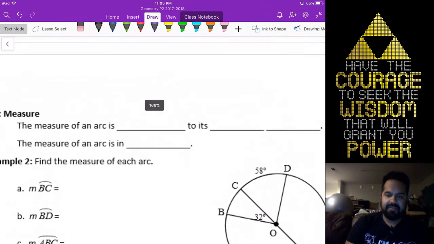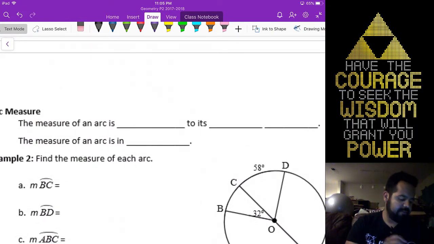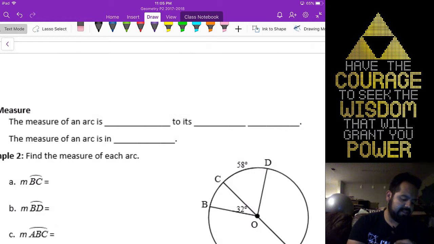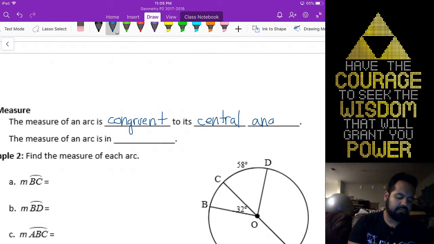But before we go too much further, we need to define something. When we say arc measure, the measure of an arc is congruent to its central angle. And the measure of an arc is always in degrees.